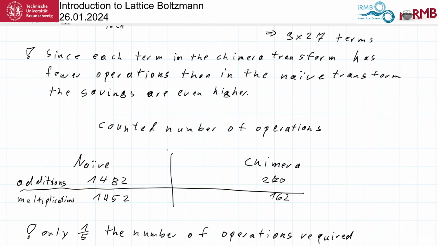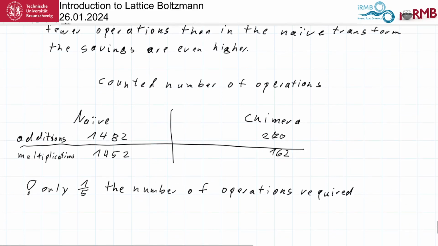And therefore, it's also more accurate in two ways. First of all, it's taking fewer operations, and it's also pairwise. It's also ordered according to the directions. So we got the pairwise summation.